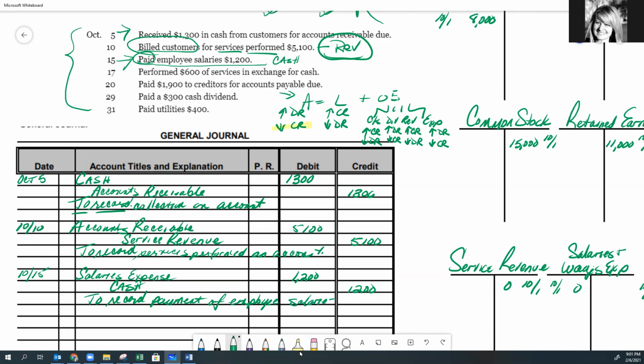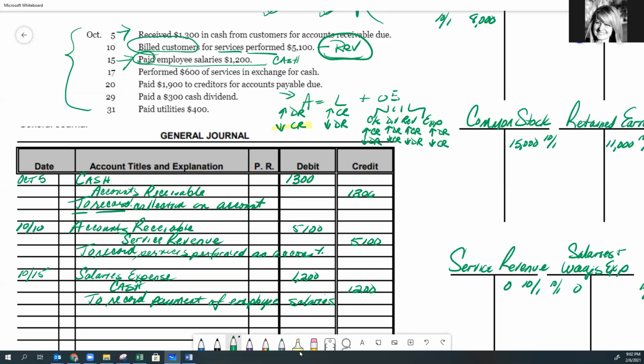Once again, I like to put to record at the beginning of every journal entry. That's so for future chapters, I can just write to record and I can speak it and not have to take the time to write it all out. You, however, as accounting students, need to write out your descriptions whenever you're preparing journal entries, unless in Wiley Plus, they don't provide the space for you to do that.